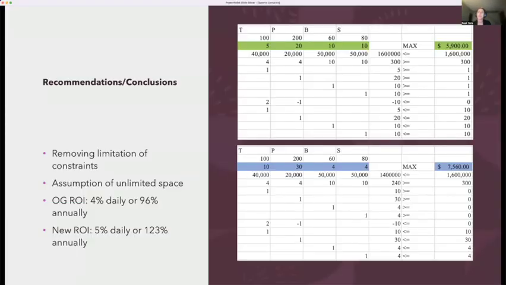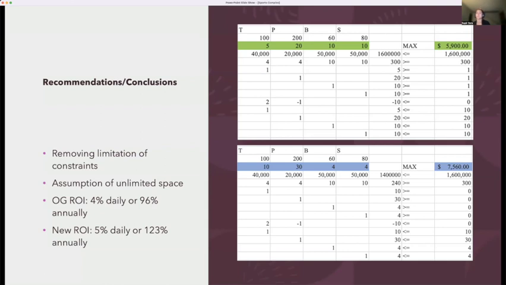Finally, I would like to talk about the recommendations and conclusions I have for the investors after analyzing the results. So at the top, you will see the original results, and at the bottom, you will see a new model that I created with my own assumptions and my own constraints to show the investors another possible way to approach this.